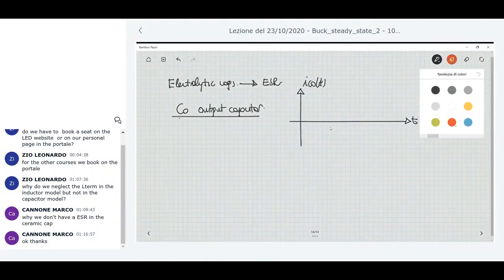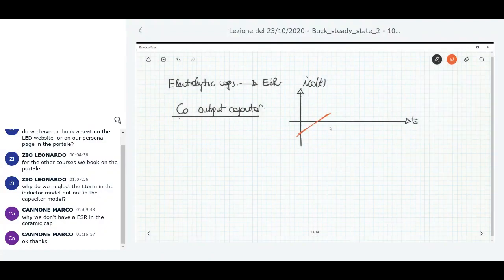And so it's something like this, in which this is Ts and this is T-on, for example. This quantity here is delta IL, the peak-to-peak value of the inductor current. This is the inductor current, rigidly translated up to the point where the DC value, the average value, is null.